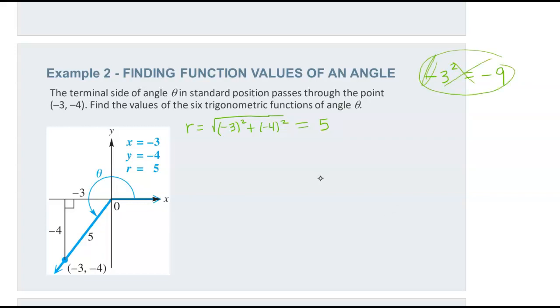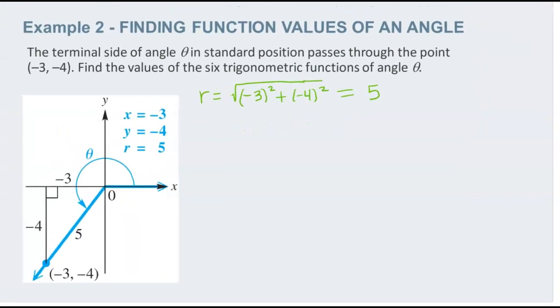Okay, so now that we have the different values, we can find the trig functions. So the sine of the angle is y over r, or -4/5.